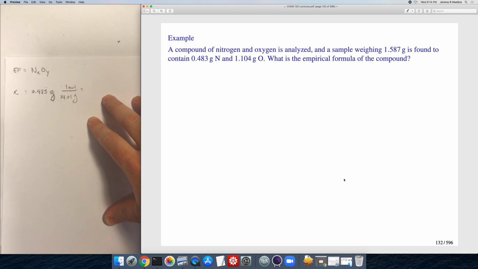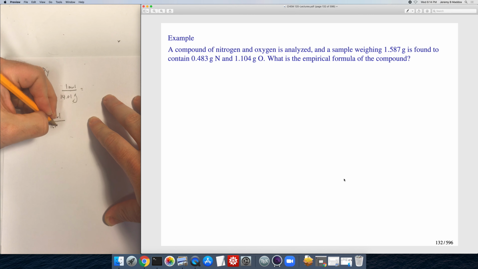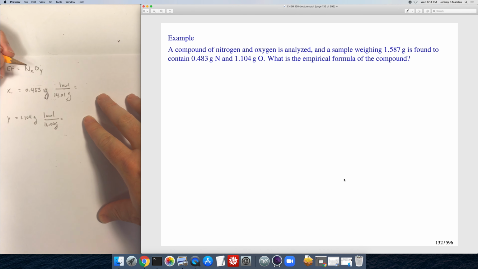We're going to get that number. We'll do the same thing for the oxygen: take the 1.104 grams of oxygen and divide by the atomic mass of oxygen, and that's going to give us moles of oxygen.